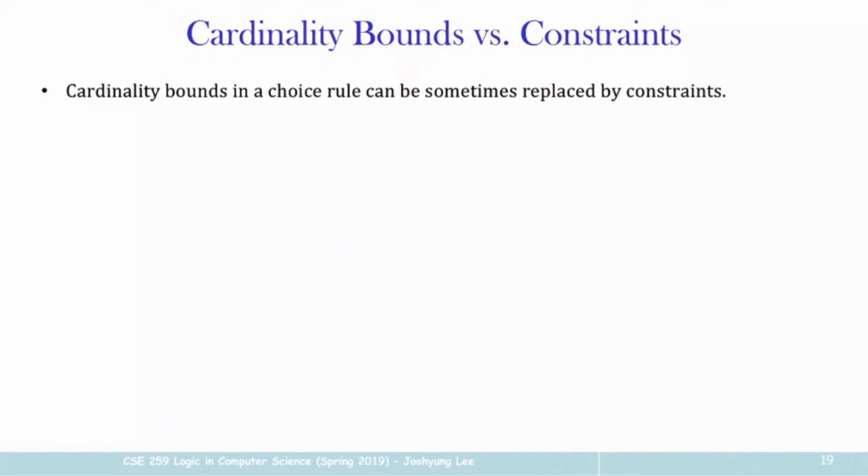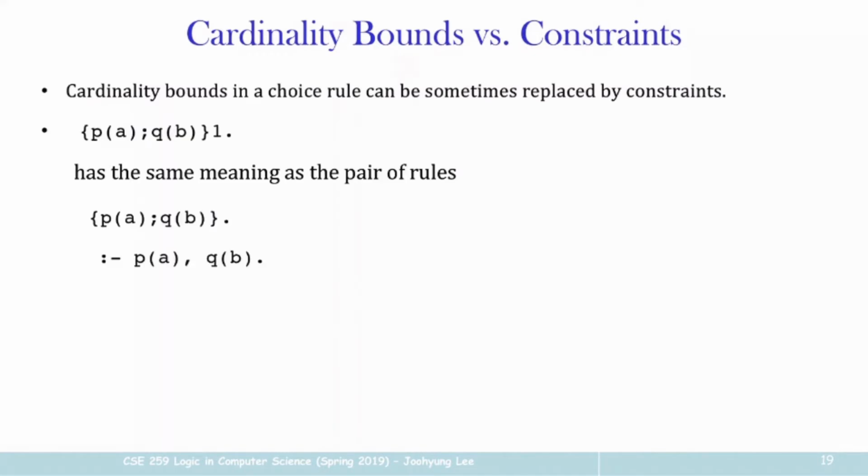So we already looked at the choice rule with cardinality bounds, and sometimes these bounds, the numbers, can be removed, and then instead we can use a constraint. Before, you have seen this, with P of A, Q of B, and this has the meaning: choose a subset of PA and QB, but at most one of them, right?